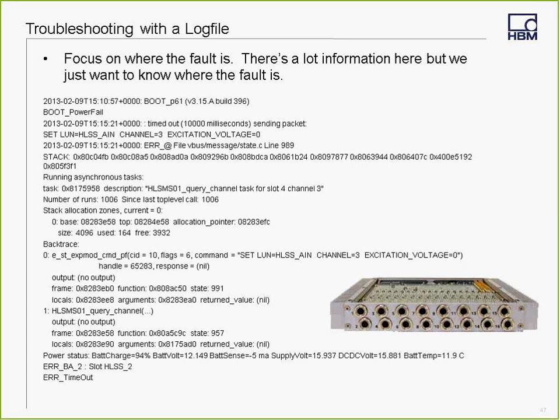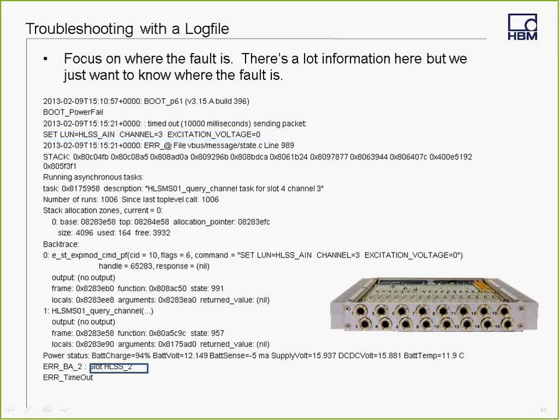So here's another example, troubleshooting with a log file, and we just need to focus on where the fault is. There's a lot of information here, but we just want to know where the fault is. So our first indication would be we do see a line here that says HLSS channel 3, excitation voltage, but then our question would be, well, what HLSS? As we all know, there's a lot of systems out there with 4, 5, and 6 HLS boards.